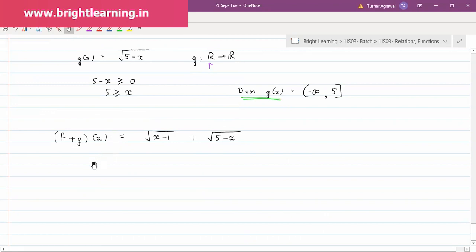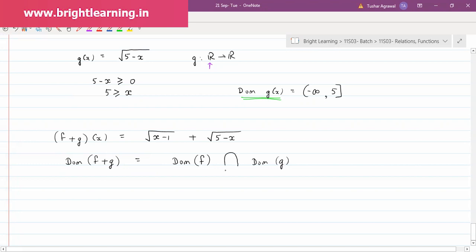So can I say directly that the domain of f plus g is equal to the domain of f intersection the domain of g? The first expression will be defined, the second expression should also be defined, and you have to take the common points.